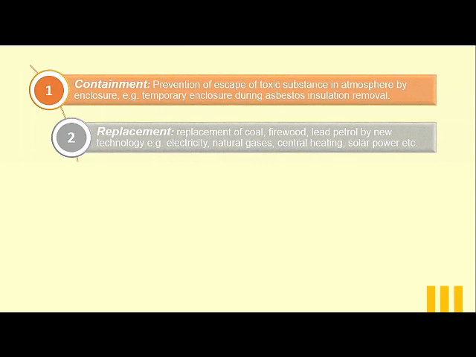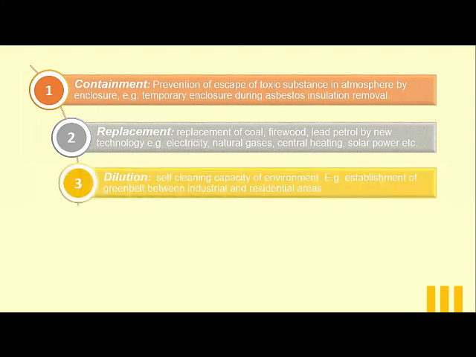There is a movement now to reduce lead in petrol, which is a cumulative poison. In Pakistan also, the cities are already using unleaded petrol as a fuel for vehicles. Also, there is replacement of coal, firewood, and leaded petrol by new technology, for example, electricity, natural gas, central heating, solar power, etc.